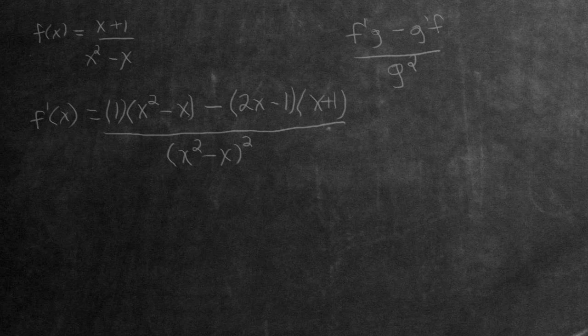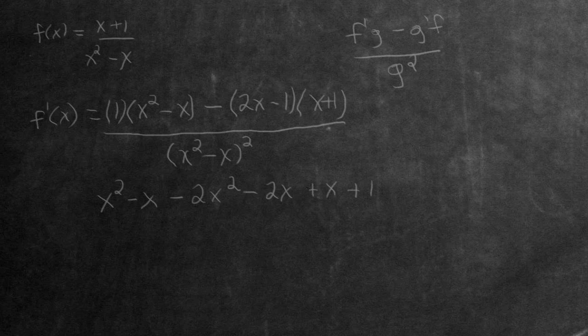And now we just have to simplify this. Working from the left-hand side, we're going to have an x times x squared minus x, and then negative, and we put this over there, it's going to be a negative 2x squared, and then a negative 2x. And then it'll be positive x here, then just a positive 1.